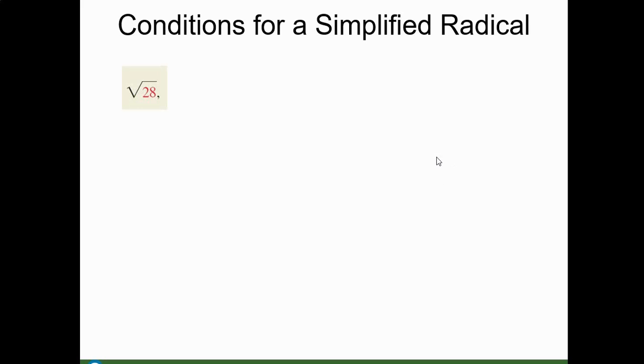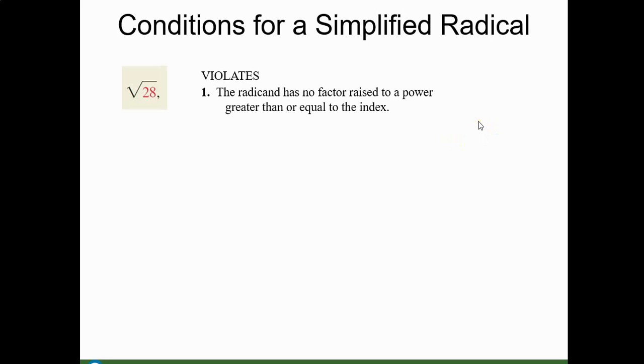So going back to what we said in class, we talked about how the square root of 28 is not simplified. We don't consider that to be simplified because it violates that first rule: the radicand has no factor raised to a power greater than or equal to the index. If we were to factor the radicand 28, we could get 4 times 7, right? 4 times 7 is 28.